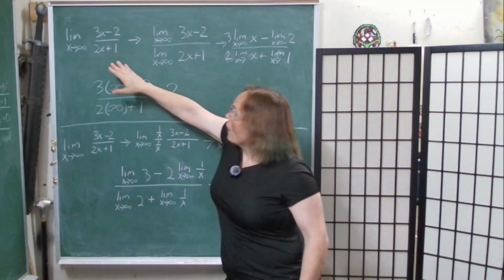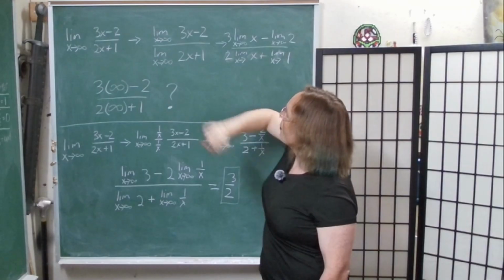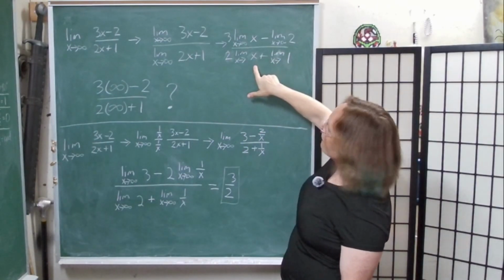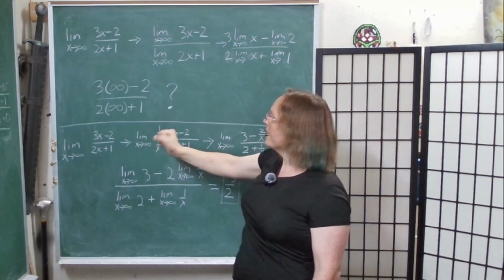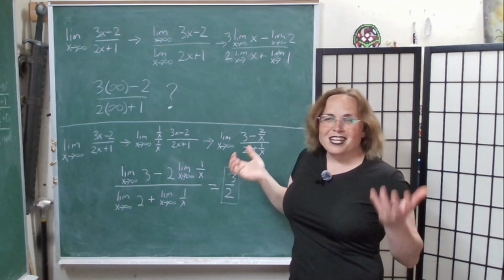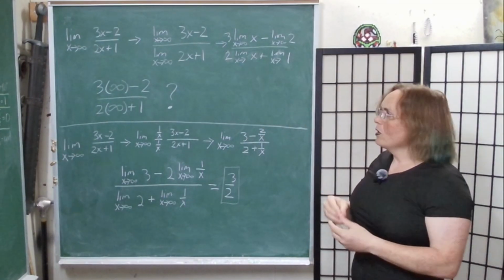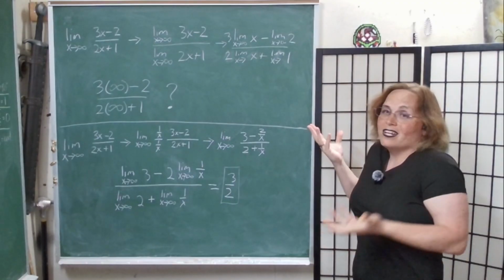So when we just try to apply our limit rules, we take the limit of the top over the limit of the bottom, we throw the limits in, and when we get to the limit of x, we get 3 times infinity over 2 times infinity, that'd be infinity over infinity. At this moment, we really don't have a way of dealing with that, because that's an infinite over an infinite.